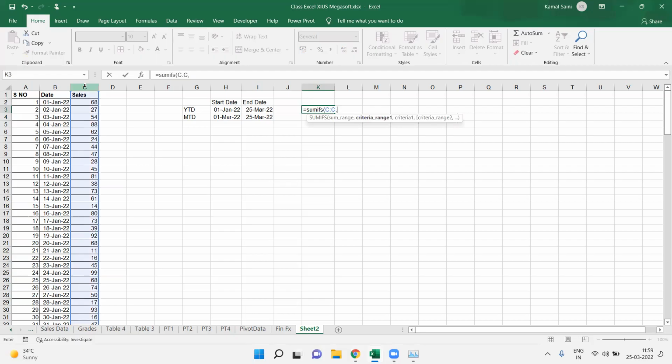Then range one, the date column, from the beginning of 01 2022 till less than or equal to today's date basically.